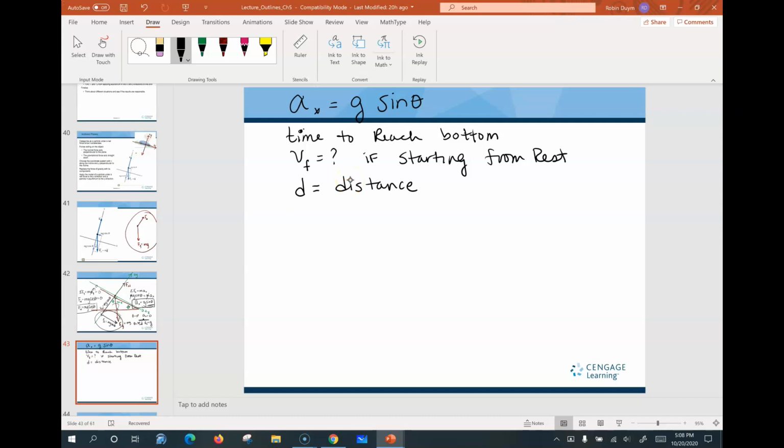From here, you could set up your kinematic equations with v_i, v_f, displacement, acceleration, and time. We know it started from rest. The displacement we're calling d. The acceleration is g sine theta. And we could find out the time it takes to get down to the bottom of the ramp and how fast it's going. So pause the video for a moment and try it out.